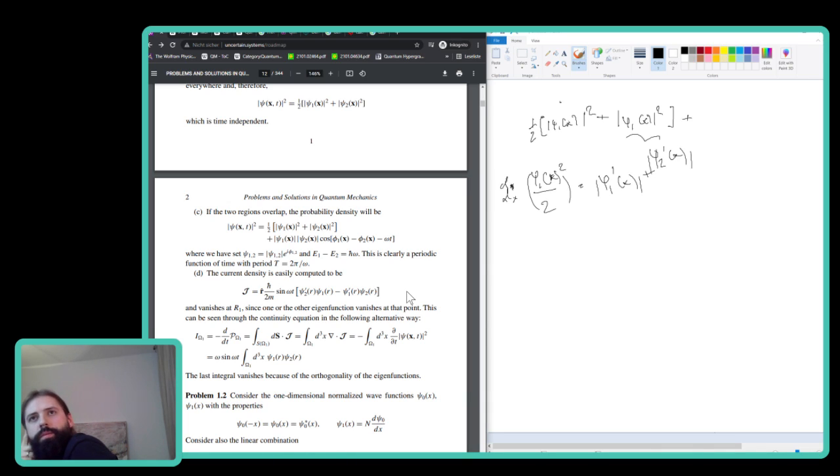I don't understand how that is defined. We have set psi 1 2 equals the absolute value of times this.